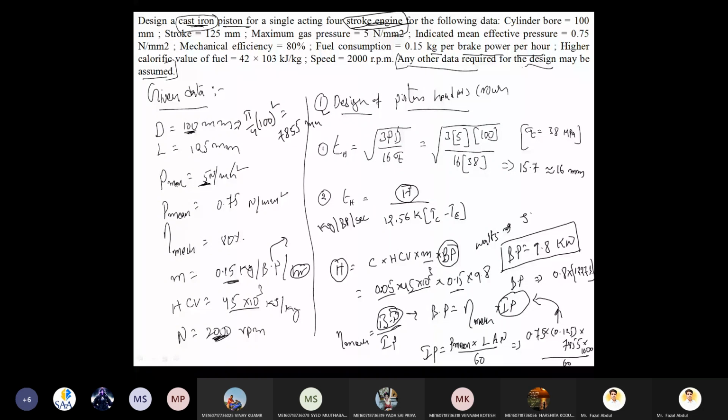That's the reason we need to convert this mass of fuel consumption from hours into seconds. So 0.15 into 60 into 60, how much?